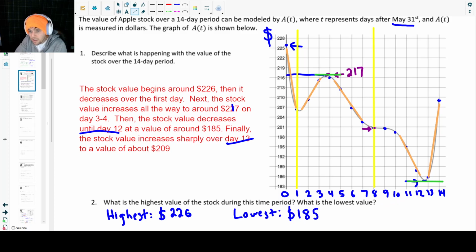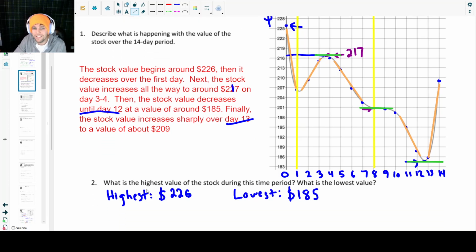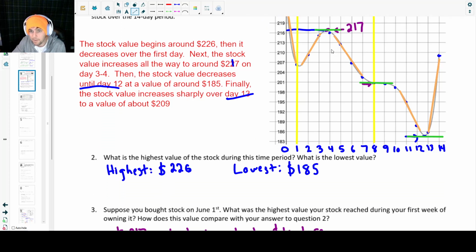And there's actually another one in this section, where the value is not changing. It flattens off and is not changing there. And again, it's flattening off, and then it's not changing in this section. Those are instantaneous rates of change, happening on the 4th day and on the 8th day.